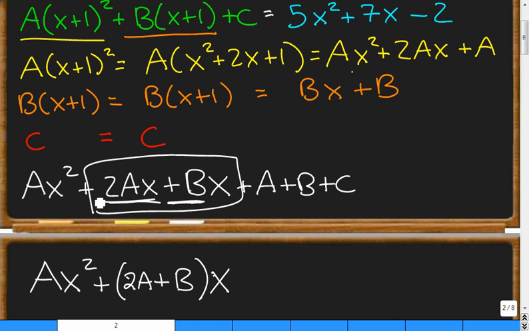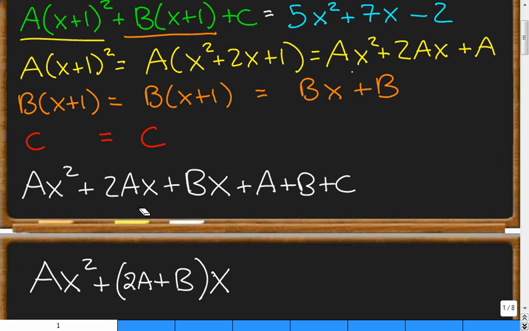So if you imagine factoring the x's out, you're left with 2a plus b, because we have 2a x's and we have bx, so the total together is 2a plus b x's. That's what factoring does. Then we have at the very end our constants, so we put the a, the b, and the c together. So now we actually have this in a form that we can work with.